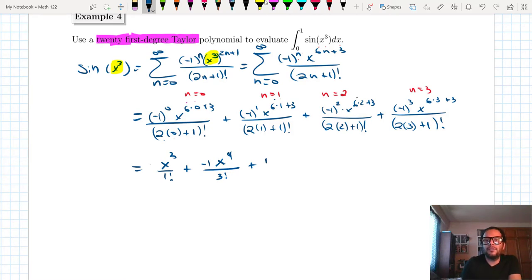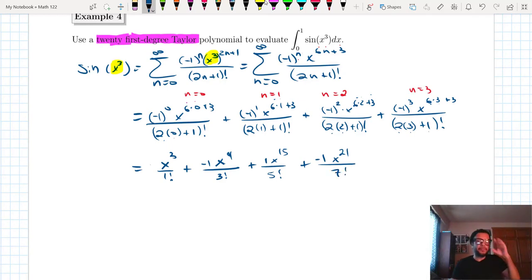And 6 times 2, which is 12 plus 3, that's x to the 15, divided by 2 times 2, which is 4 plus 1, 5 factorial, plus negative 1 to the third power, which is negative 1 times 6 times 3, which is 18 plus 3, that's the 21st degree polynomial I was talking about. 2 times 3, which is 6 plus 1, 7 factorial.